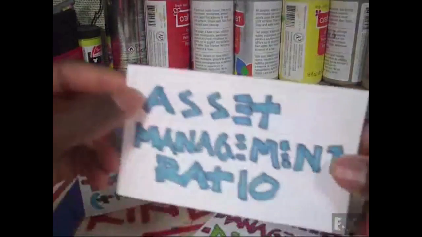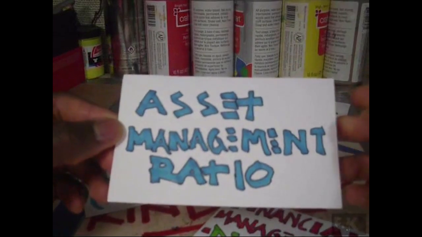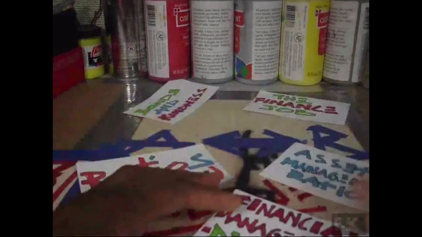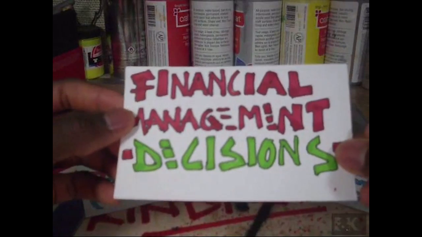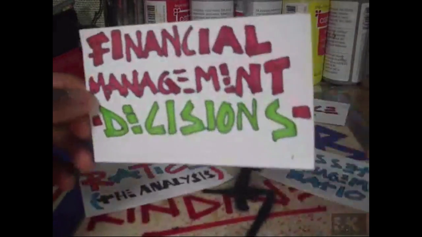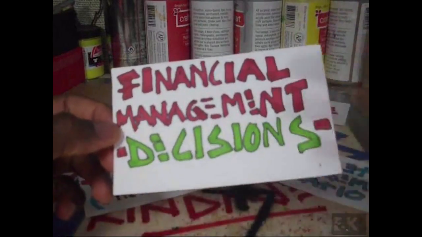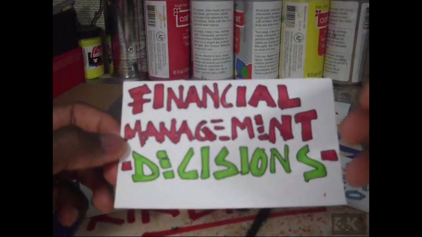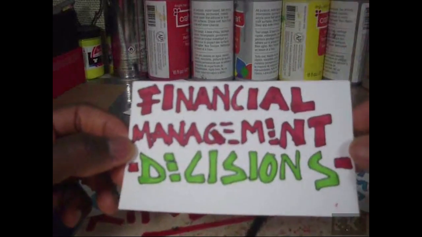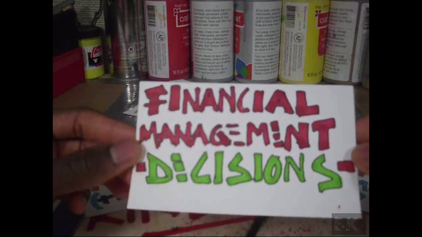You'll be able to see, we'll have asset management ratios, seeing how productive we are with the things that we have. Financial management decisions: obviously you could probably tell at this point I didn't organize these in any order, because really there's no order to ratios. You can make up your own ratios. I want you to be so comfortable by the end of this chunk of the series that you start making up your own ratios, but they help you make financial management decisions.